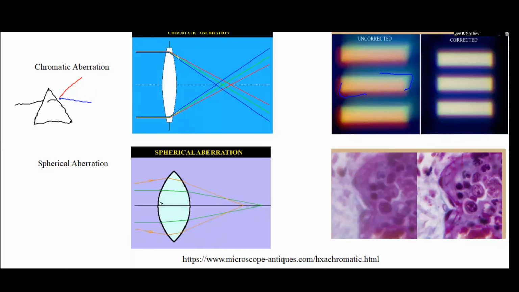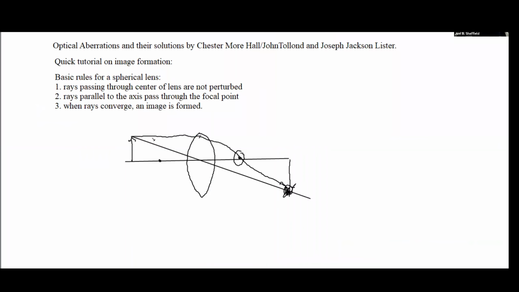And the reason that that's called spherical aberration is that it has to do with the fact that light, when I told you that light rays entering the lens parallel all go through the focal point, I lied.